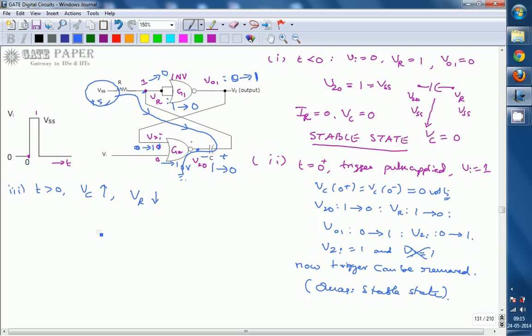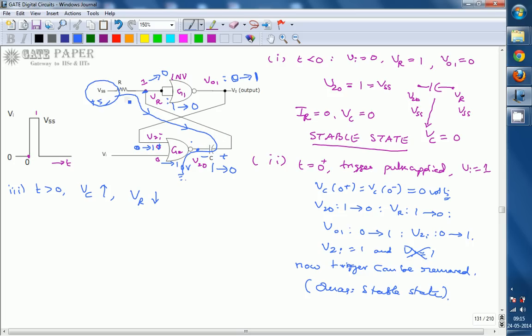Previously, across this node you are getting logic 0, because the total voltage VSS is dropping across the resistor, so VR is 5 volts, and you are getting 0. Now as time progresses, current flows through the capacitor, so the capacitor starts charging. Let us assume it has charged to 1 volt.